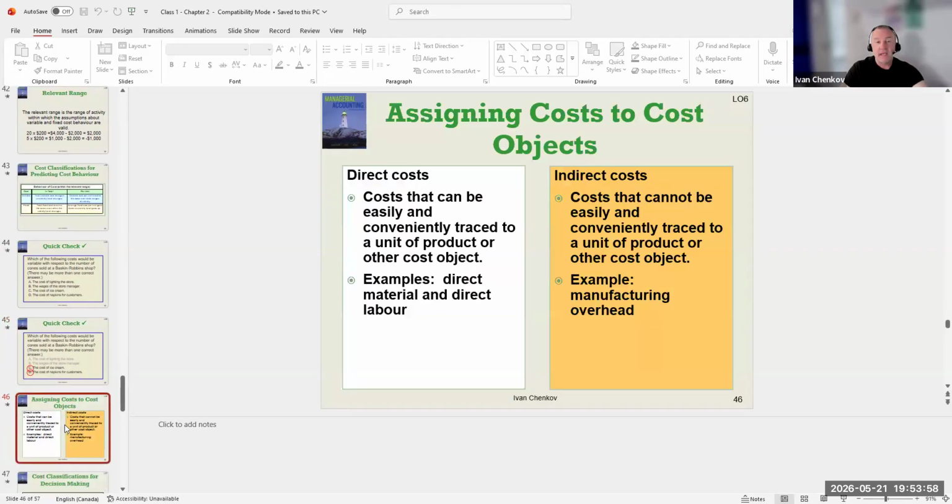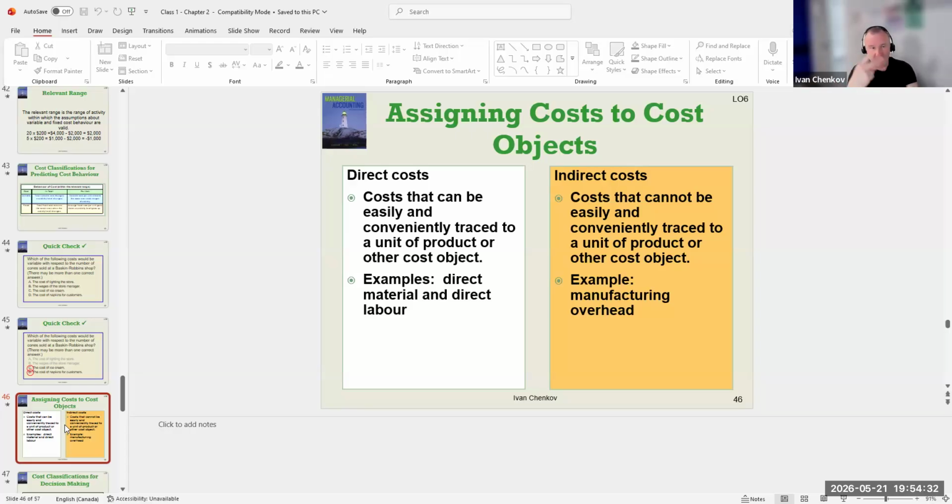Okay, so on assigning, let's assign cost to the object. We have two options here: direct cost and indirect cost. It's very simple. Which cost is direct? The one which can be easily traced to the object. In other words, if the cost has the adjective direct in front of the name of the cost, it is a direct cost. If it doesn't have the adjective direct in front of the name, it is an indirect cost.